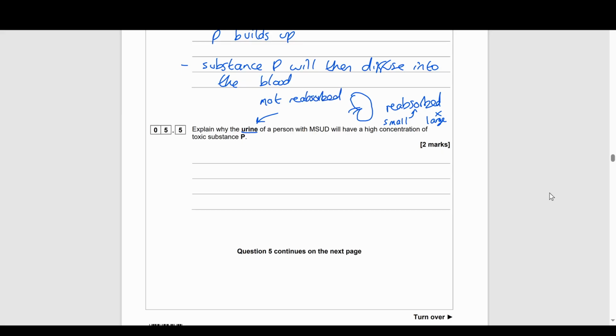What that means is that the substance P was filtered, so actually passed through the walls in the kidney. But if there's a high concentration of it, then it was not absorbed back into the blood.